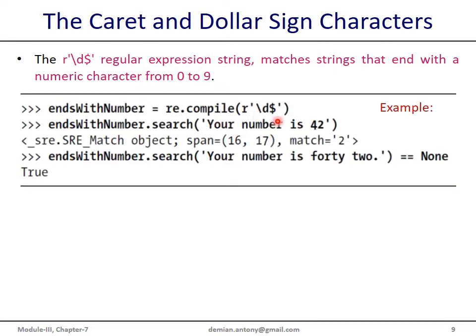In this example, this will return a match because the numeric is found at the end of the string. And for this second example, it returns none because there is no numeric digit at the end of the string.